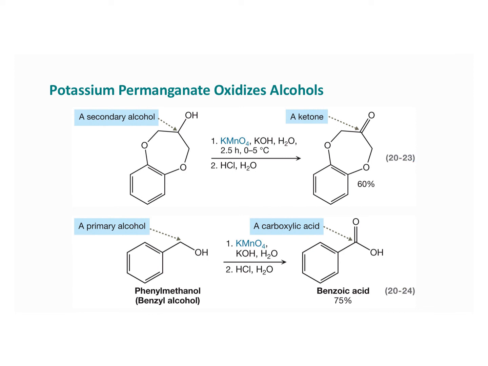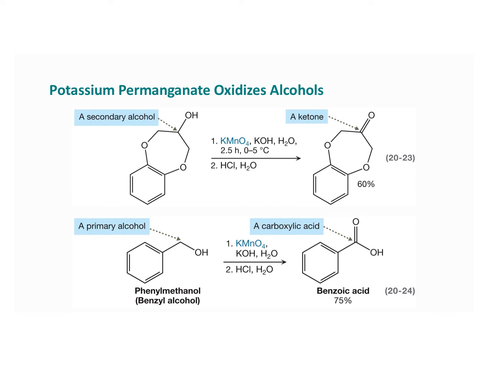Now, we've got a basic solution of potassium permanganate. What happens here is you treat it with potassium permanganate, you stop it, and then you do an acid workup. So it's a sequential reaction. And what we see here is we have a primary alcohol, and aldehydes are oxidized to carboxylic acids.